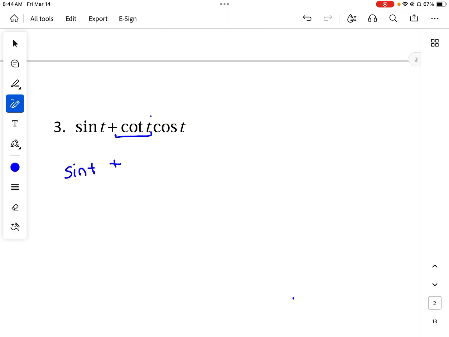So I'm going to do sine t plus cosine t over sine t times cosine t. In order to combine like terms, I need to have the same denominator.